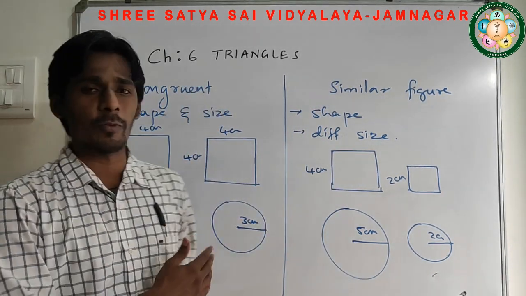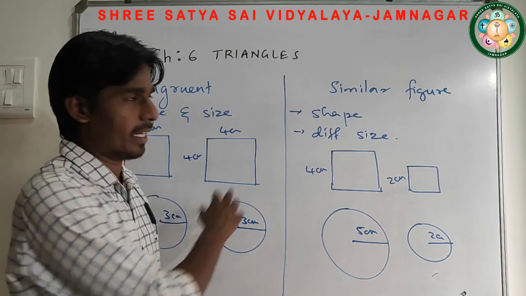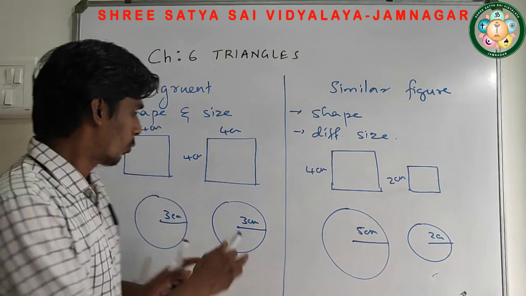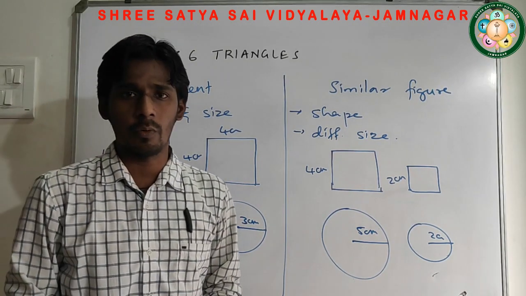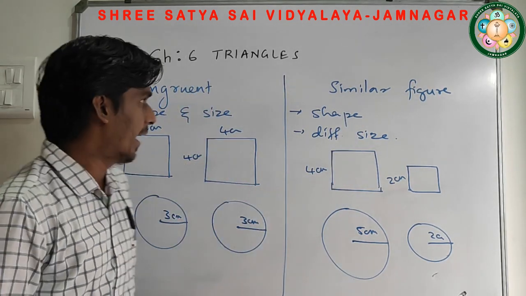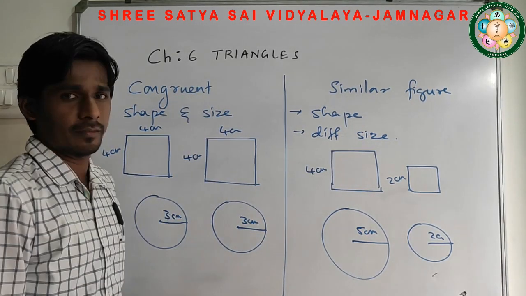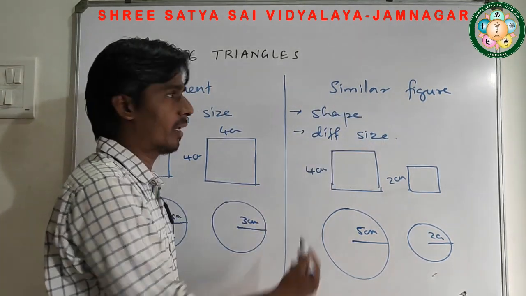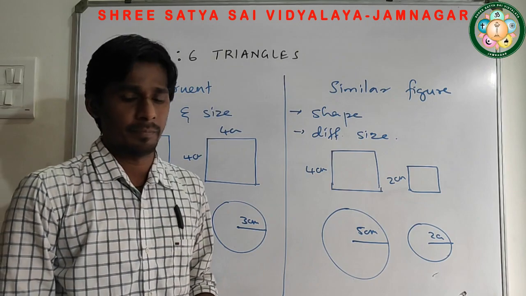I hope you understood the difference. Congruent figures always overlap each other; their boundaries will overlap each other, while that is not possible in similar figures. And one more thing, each and every congruent figure is similar, but each and every similar figure is not congruent.